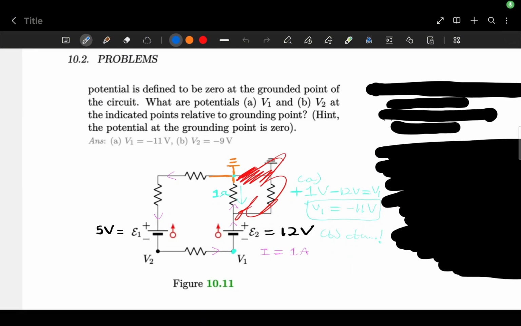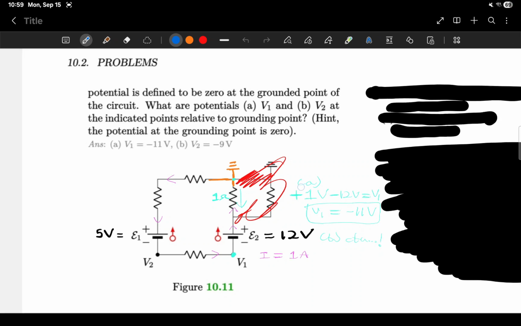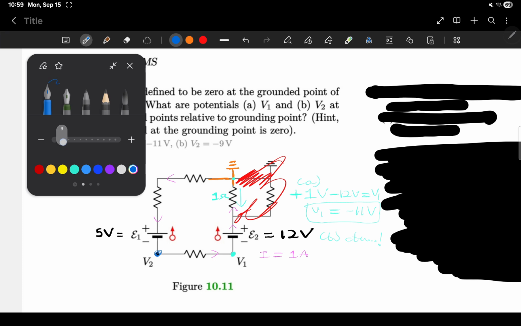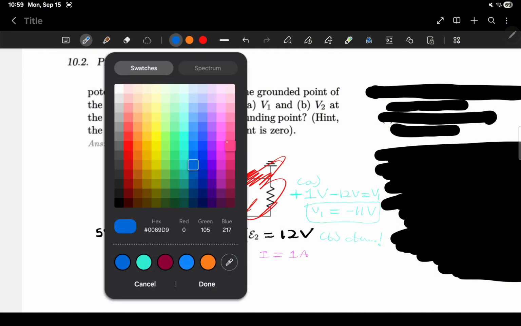Hey guys, so to continue with this question, moving on to part B, we want to find the potential at point V2 right over here. I'll increase my font a bit and I'll use a different color, pink.